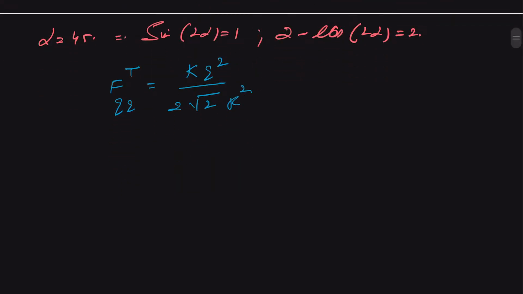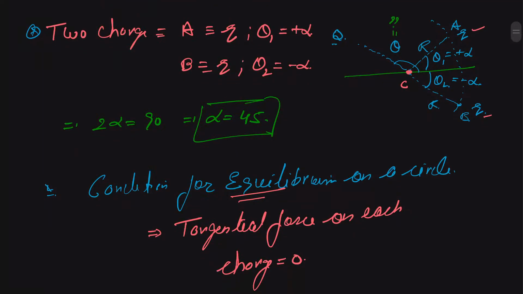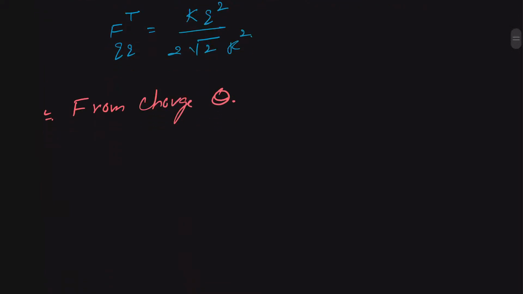Now we have a third charge, that is our capital Q. So now we are going to deal with this charge Q. Therefore we can once again write the formula for tangential force.